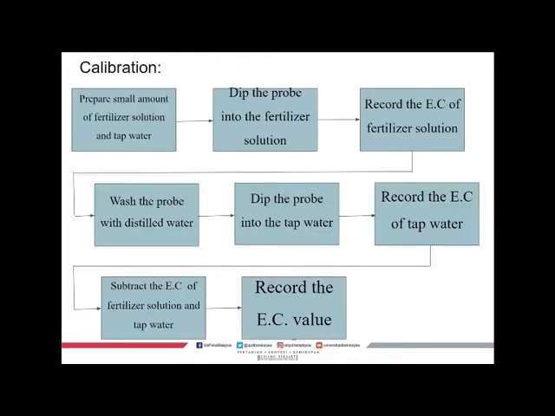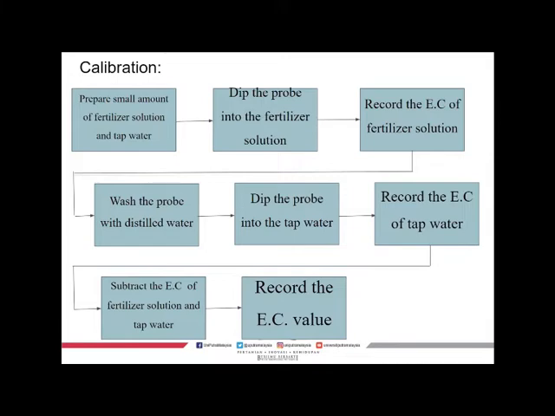Next, this is how we will do the calibration. So we will prepare a small amount of fertilizer solution and tap water. And we will dip the probe of the EC meter into the fertilizer solution and record the EC of that fertilizer. And we will wash the probe with distilled water, which means just to make it clean and prevent any error in the measurement of the EC.